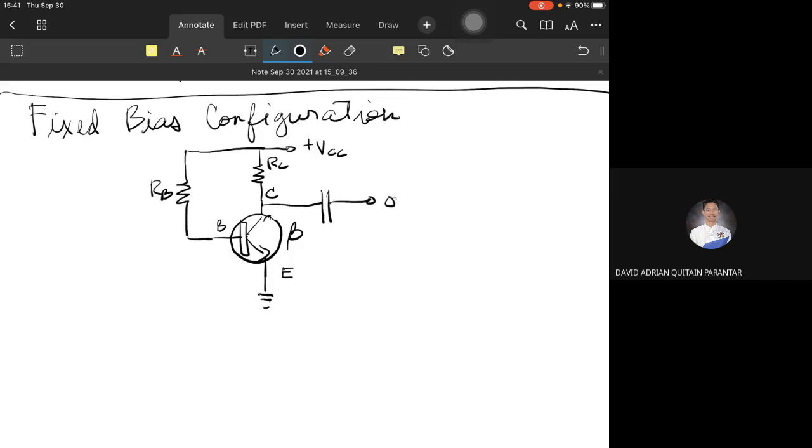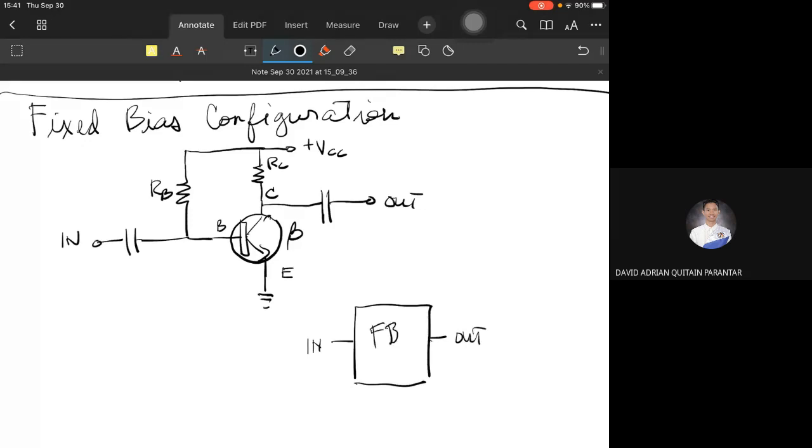This is the output terminal, and this is the input terminal. Okay, fixed bias configuration. If we draw this as a system, a block diagram, it is just an input and an output, labeled fixed bias, since we already know the components inside.